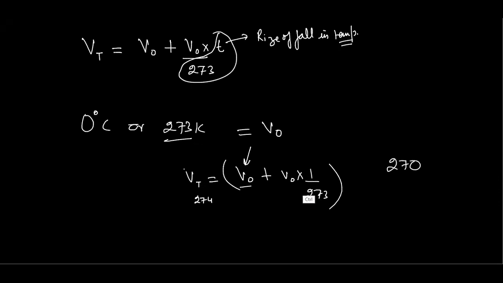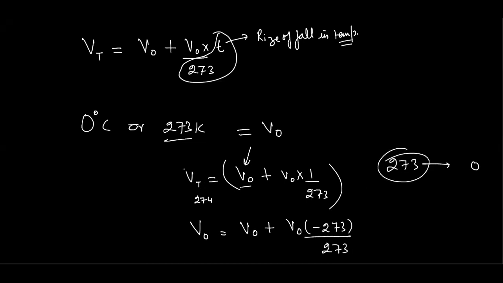So if you bring the gas from 273 to 0 Kelvin, then what would be the volume of the gas at 0 Kelvin? The volume of the gas will become 0, because we can write V plus V naught into minus 273 upon 273, because we have to bring a change of minus 273.